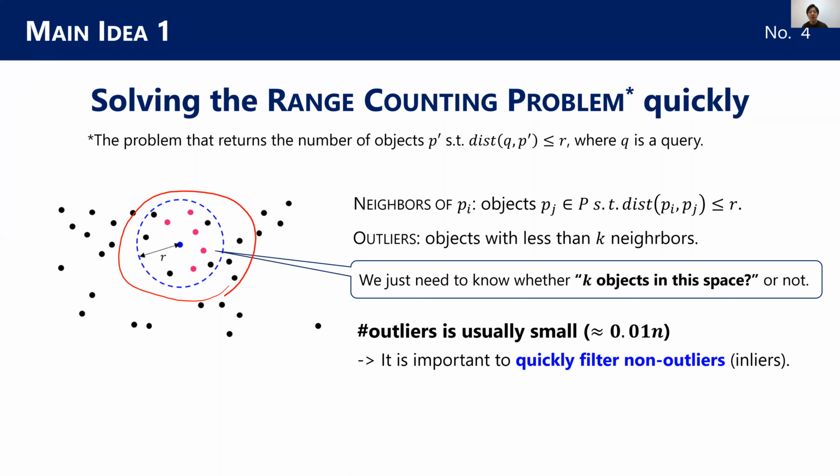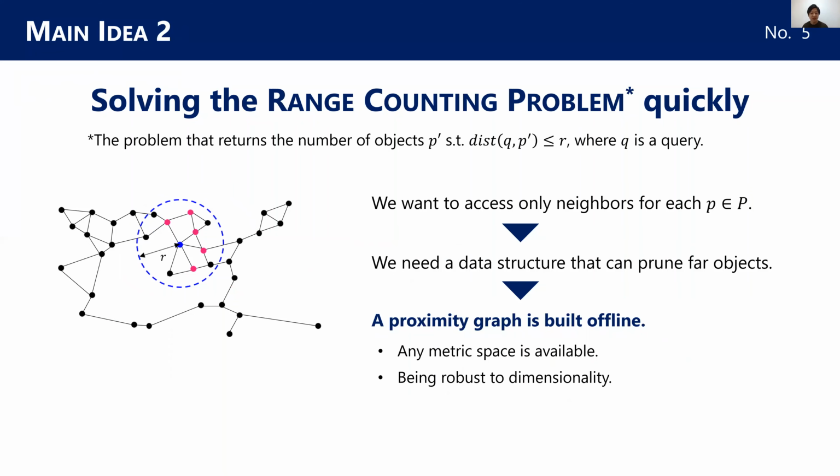Besides, the number of outliers is usually small, so it is important to quickly filter inliers, which means non-outliers. To achieve this, we want to access only neighbors for each object. To achieve this, we need a data structure that can prune objects far from a given object.